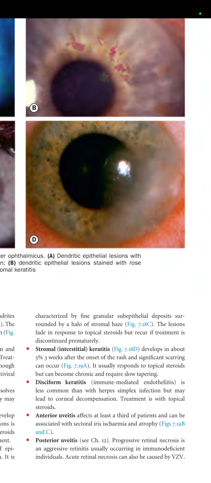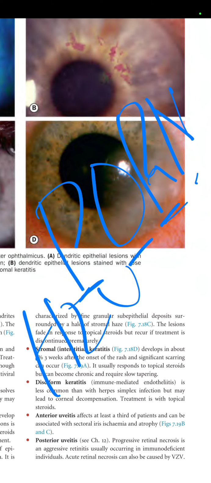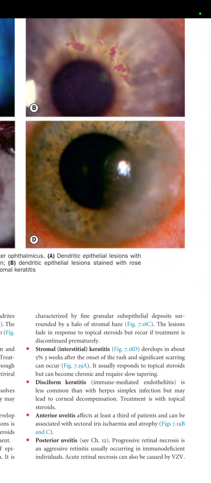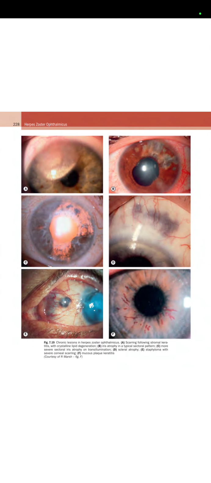Acute retinal necrosis can also be caused by VZV. There is a disease called PORN, progressive outer retinal necrosis, which is caused by the herpes zoster virus in an immunodeficient patient. We will discuss this in more detail in the chapter on uveitis.